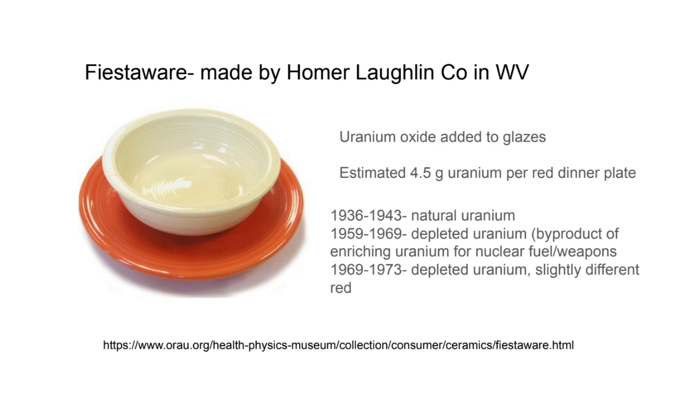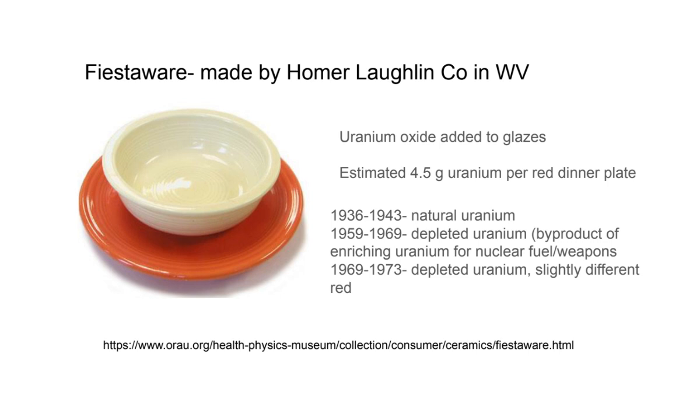So this is a Fiestaware plate. I don't know if any of you have Fiestaware at home. This is a plate that was made in one of the times listed in those time blocks there. I don't know which exactly, but it has uranium in the plate.